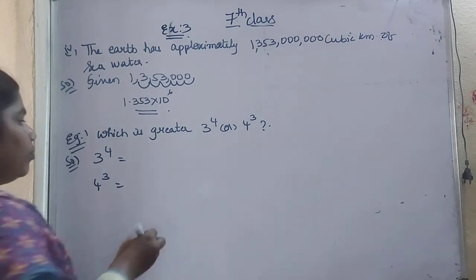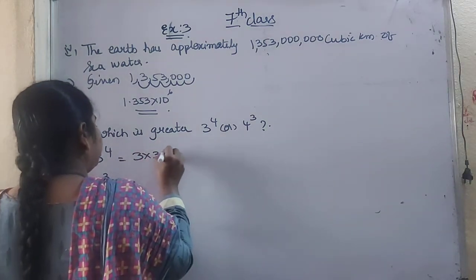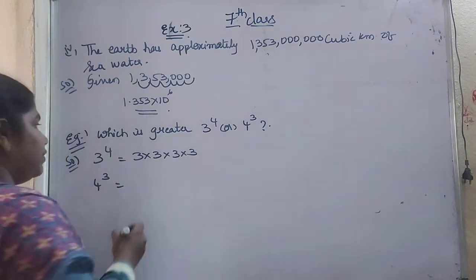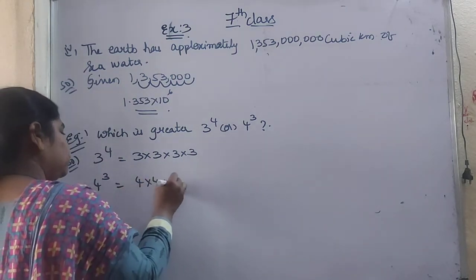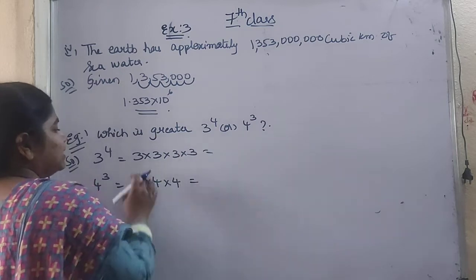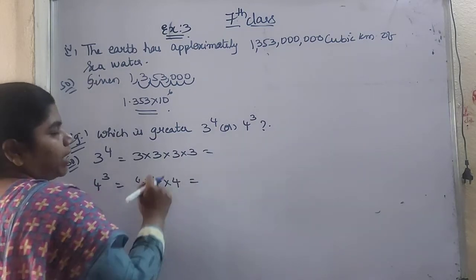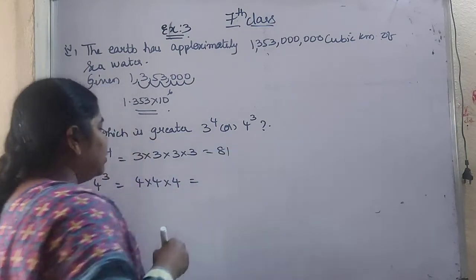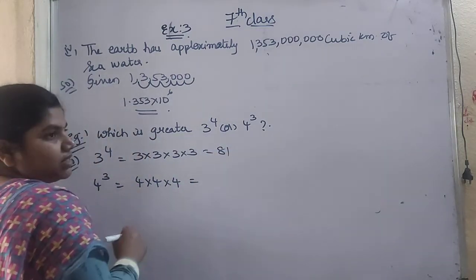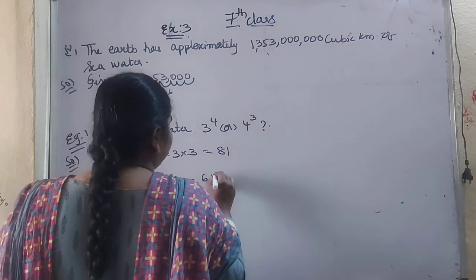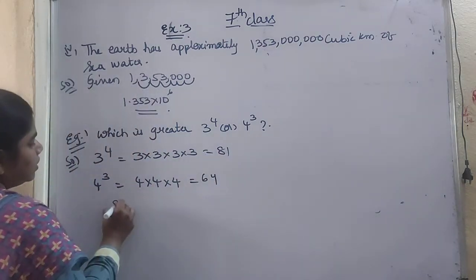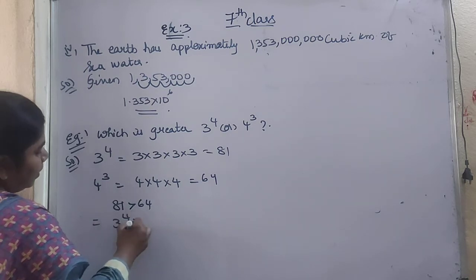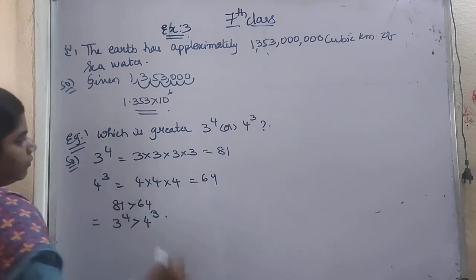Here 3 we have to multiply 4 times, and here 4 we have to multiply 3 times. What will be the answer? 3 times 3 is 9, 9 times 3 is 27, 27 times 3 will be 81 here. And 4 times 4 is 16, 16 times 4 is 64. So which is greater? 81 is greater than 64, so we can write 3 power 4 is greater than 4 power 3.